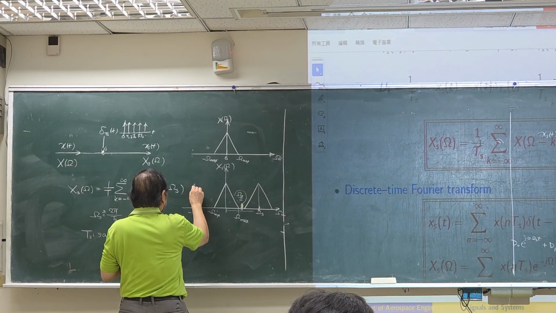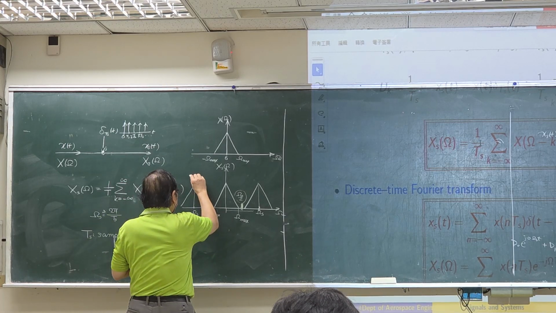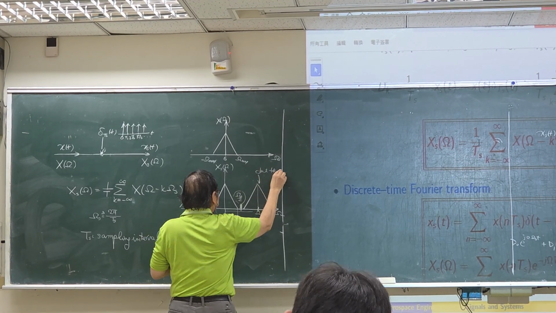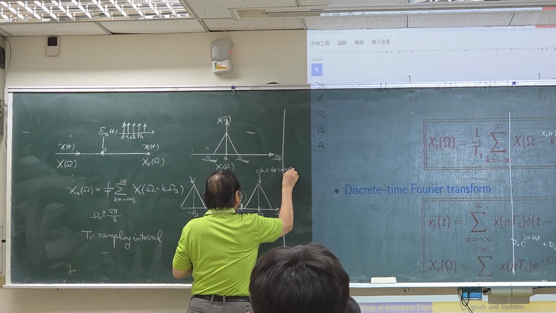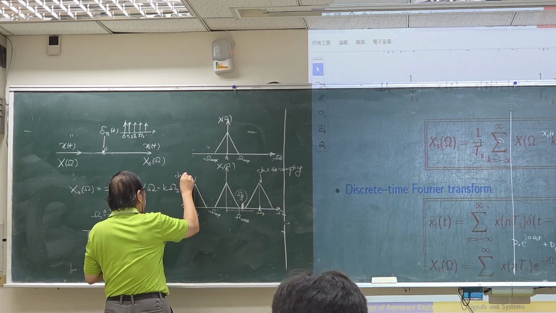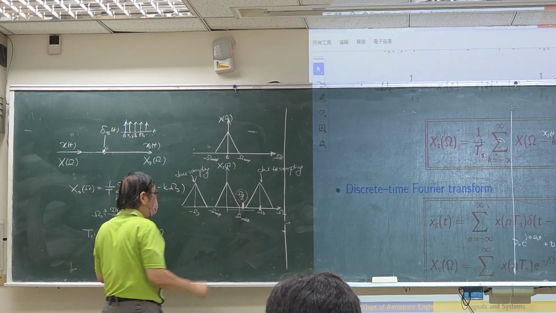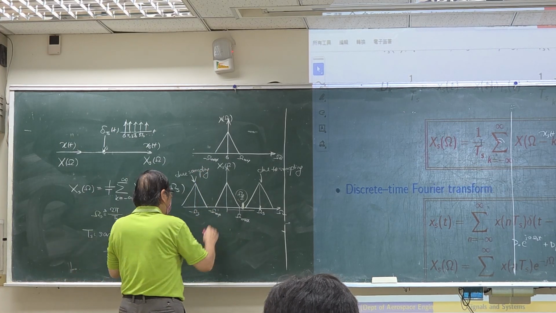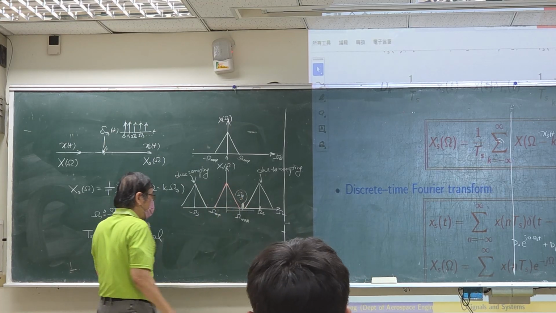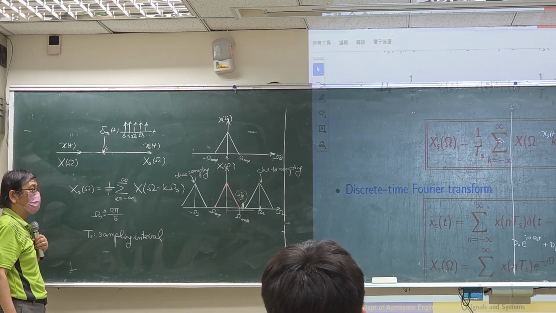Okay, see it here? These are due to the sampling. So the middle one is the original frequency response. All the others are due to the sampling process.